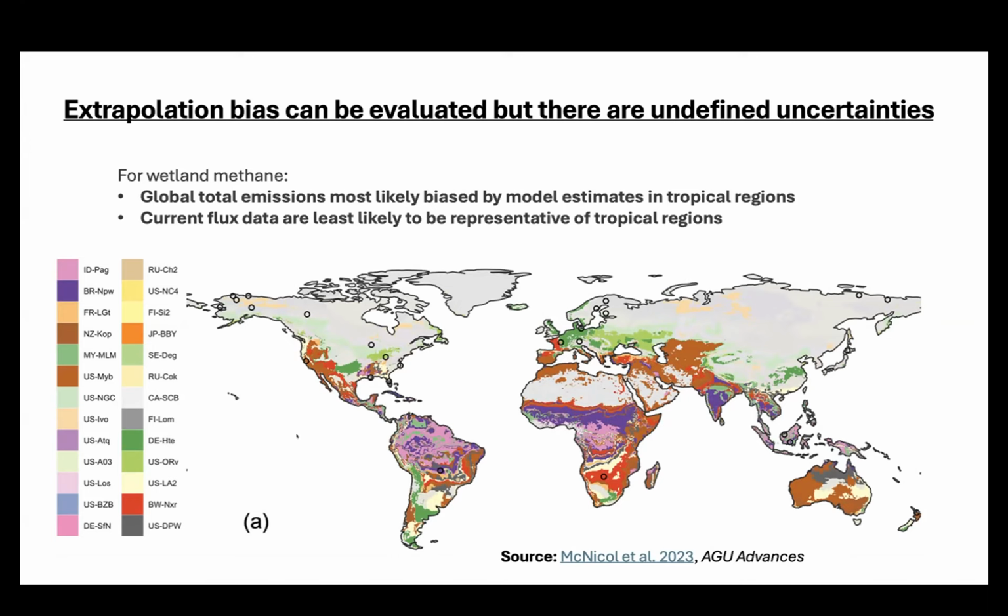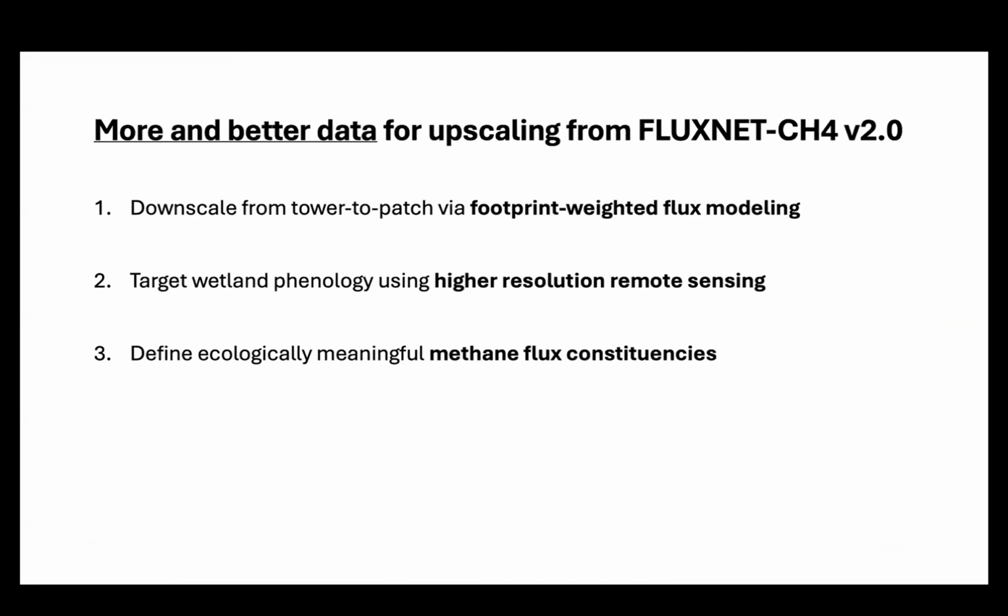That kind of reflects something that Robbo said earlier, that the tropics are really where errors or uncertainties are going to play a big role, or we need to reduce those errors and uncertainties to get at the global budget better. So I wanted to share a few thoughts about future directions and illustrate them quickly.